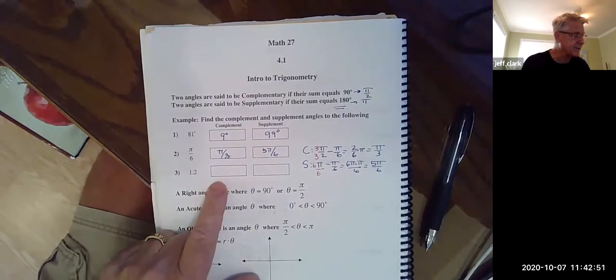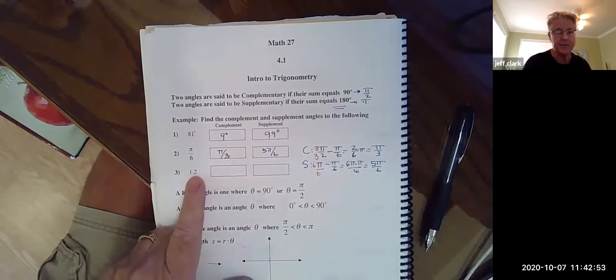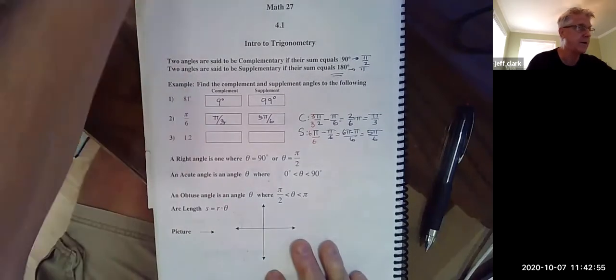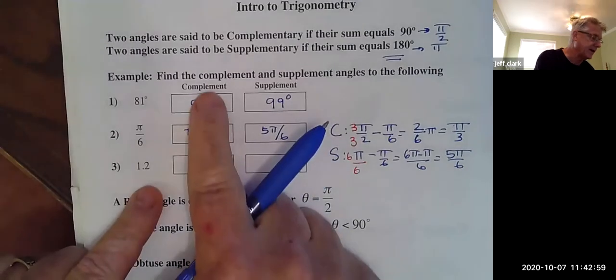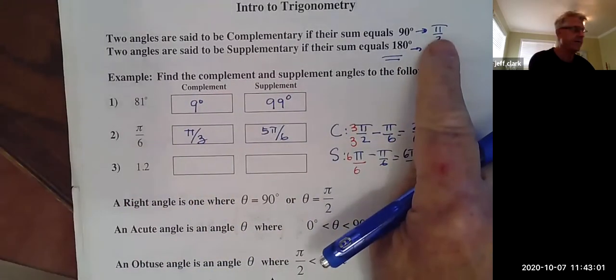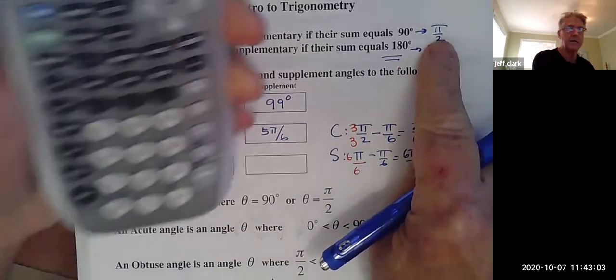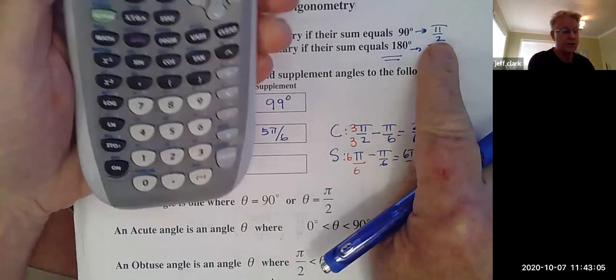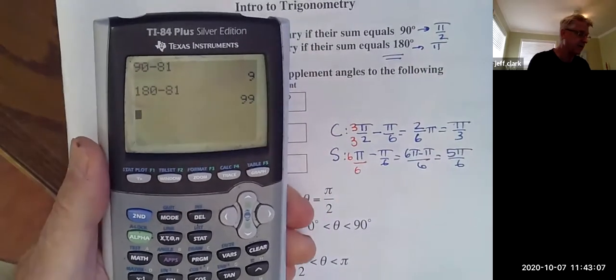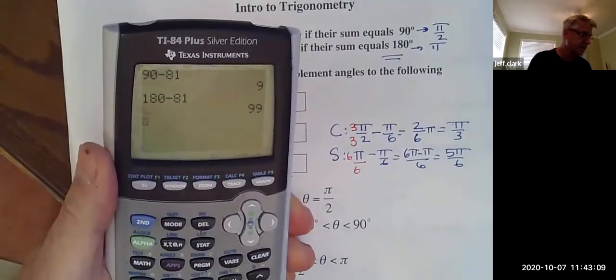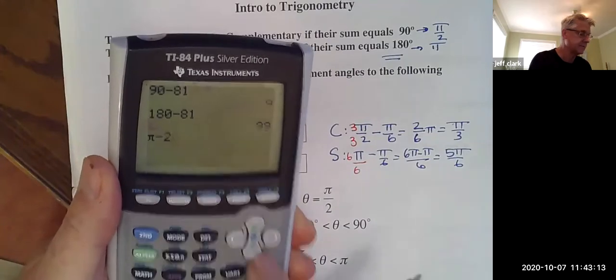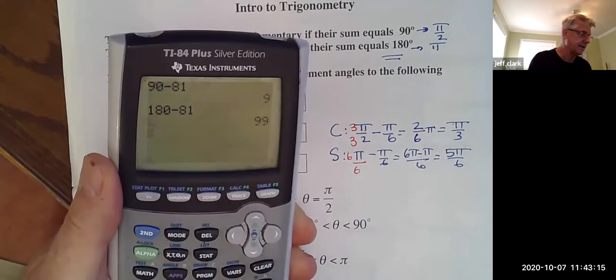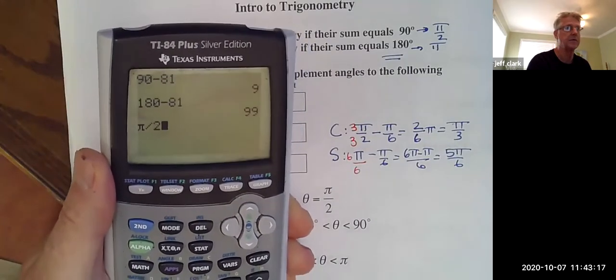Since that's a decimal, what I'm going to do is take the decimal equivalent of the complement. So the decimal equivalent of pi over 2 is what I meant to say. Try that again. Pi divided by 2.